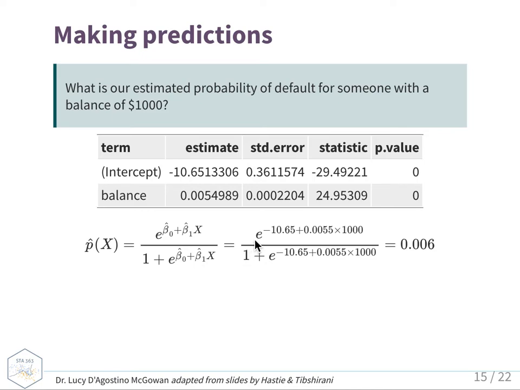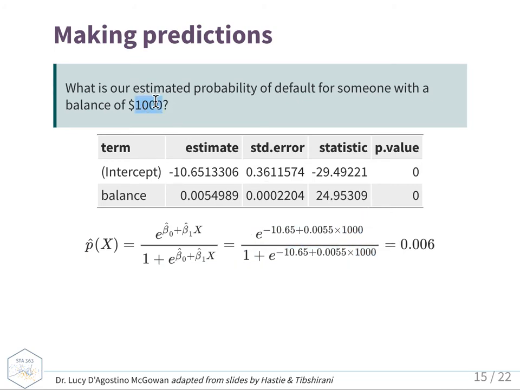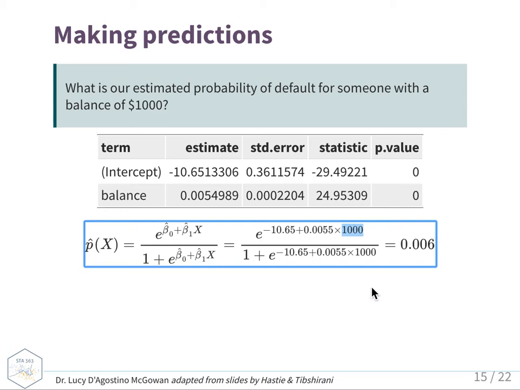In this case, beta hat 0 is negative 10.65, beta hat 1 is 0.0055, and x is a balance of $1,000, so that's what we plug in for x. We do the same in the denominator, and we end up with 0.006.